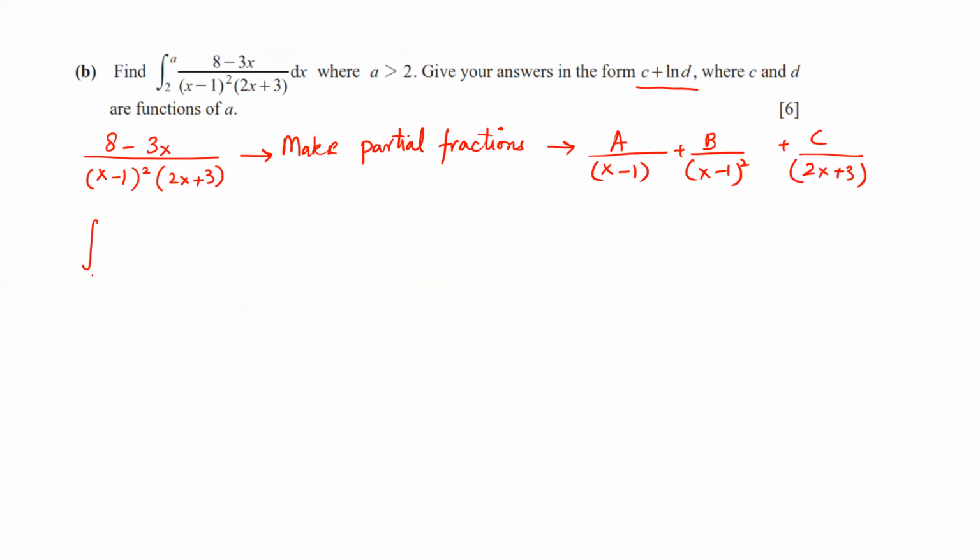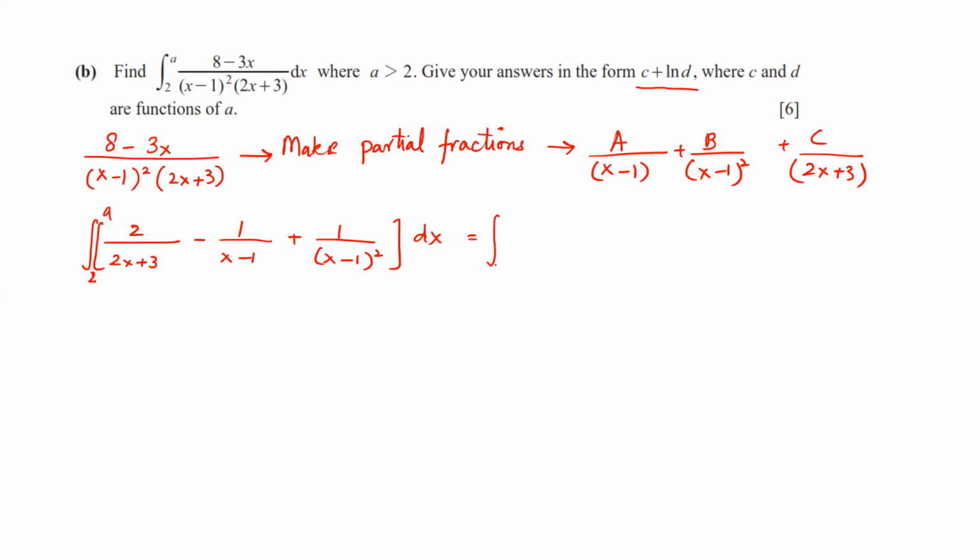So the partial fractions are already given to us. We can write this in the form of the partial fractions: 2 over 2x plus 3, then minus 1 over x minus 1, and then plus 1 over (x minus 1) whole square, dx. So this is the partial fraction form.